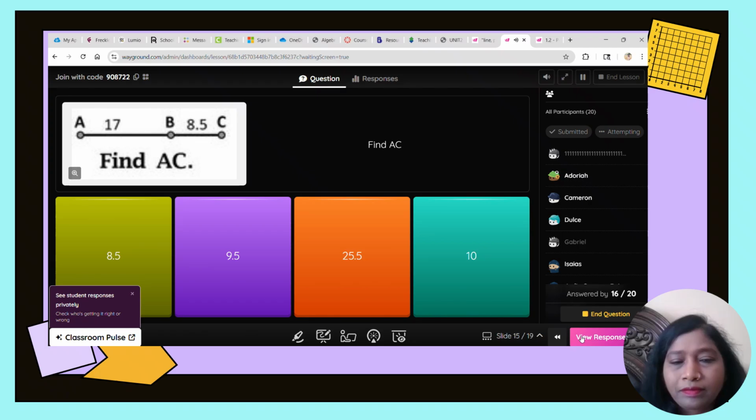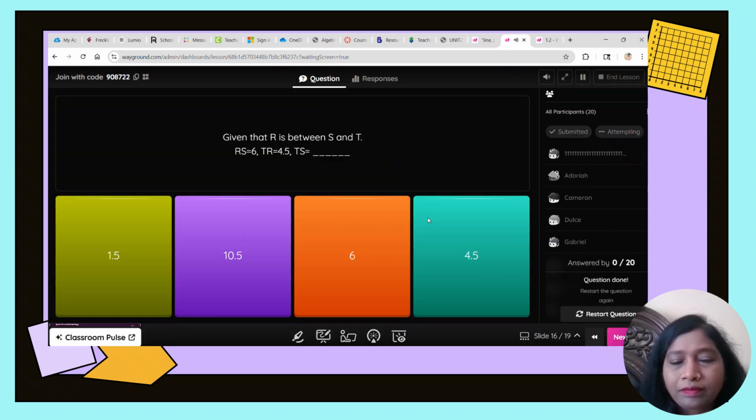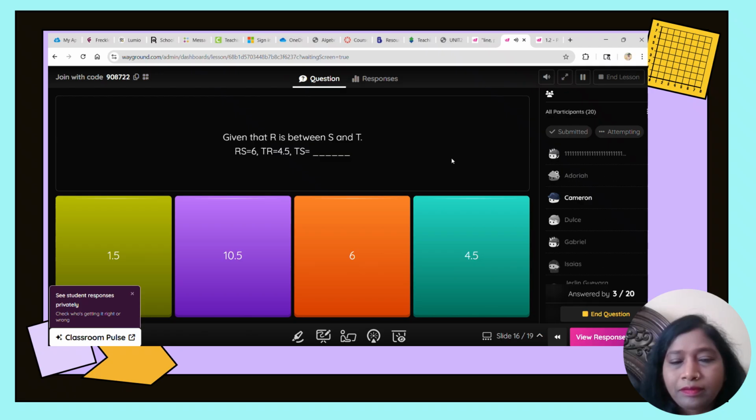Let's go to the next question, everybody. Next question. Given that R is between S and T, RS is 6, TR is 4.5. What is TS? Next question.